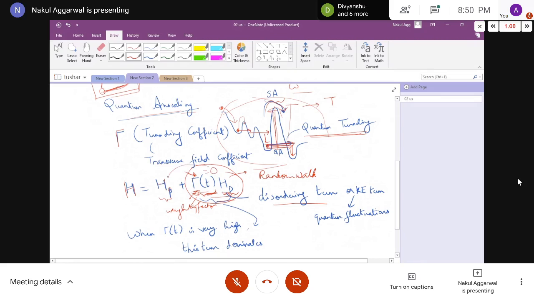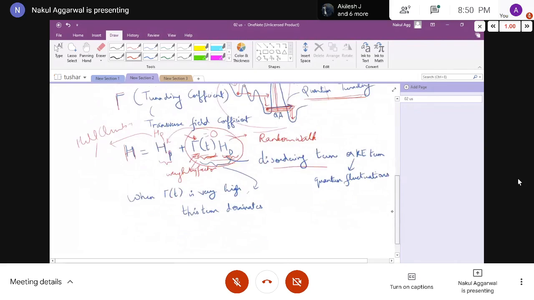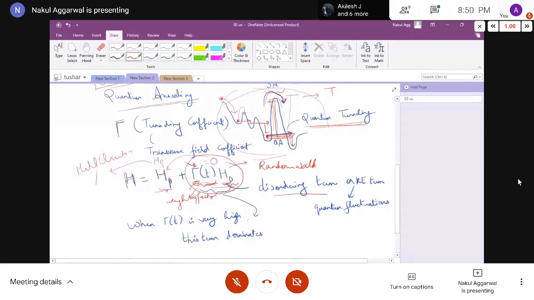At that stage, we just have the problem Hamiltonian, and that is equivalent to hill climbing or valley descent. So the analogy is very much the same. The only difference is we are not crossing the energy barrier, we are tunneling through. So this term dominates when this tends to zero.